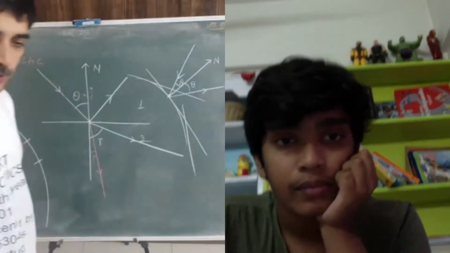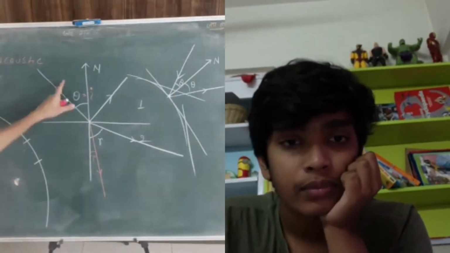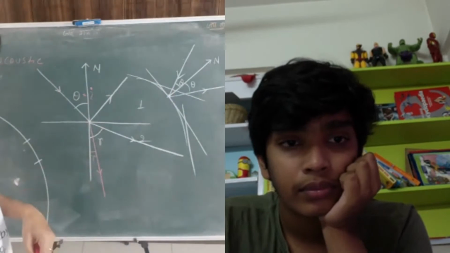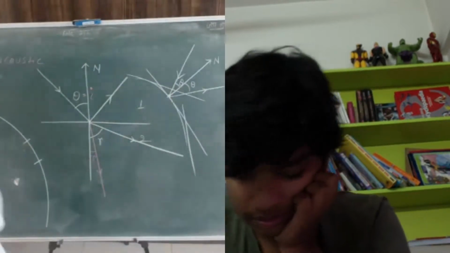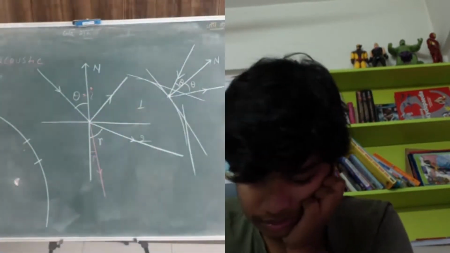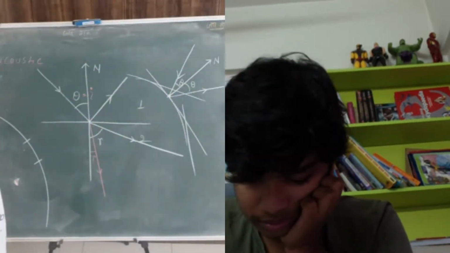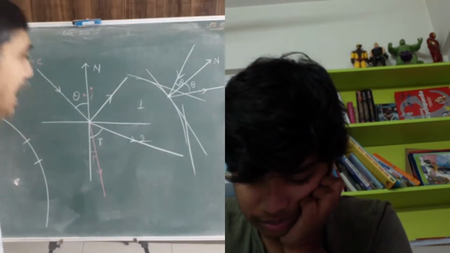So as we move from denser medium to rarer medium, what will happen to the light ray? What happened to the speed of light?